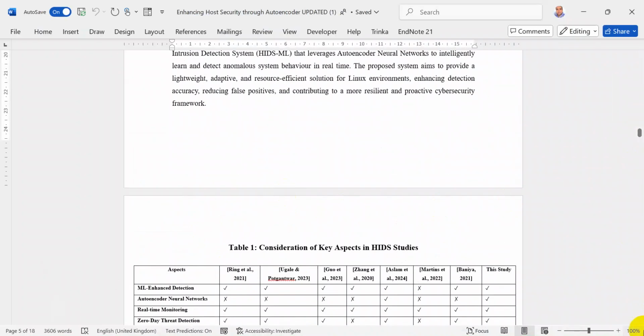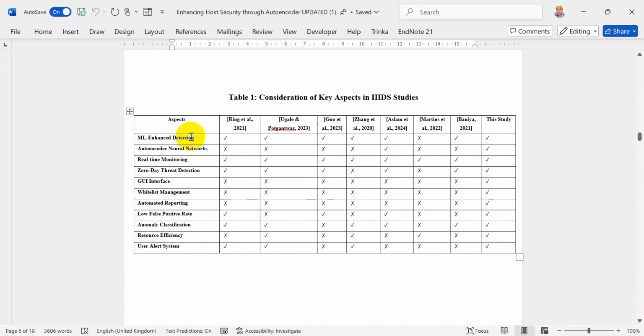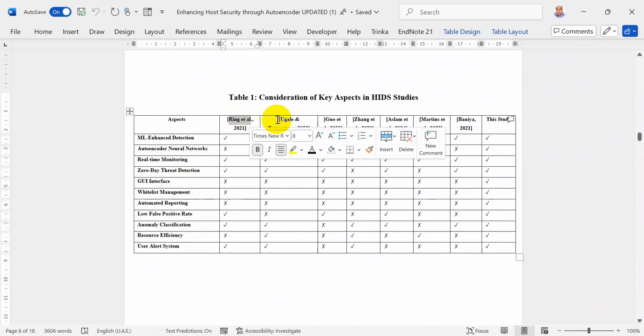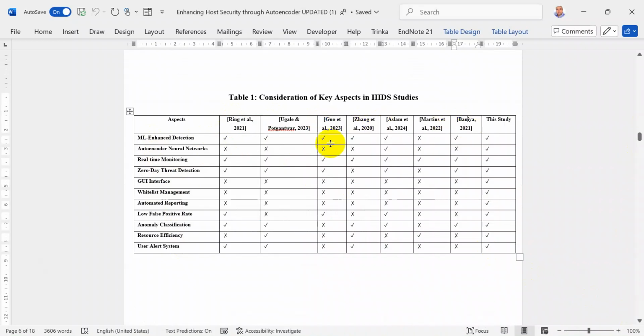For example, this is another table someone created, and for example, they put the feature and the objective or something like that. They put it here, and then this is the reference. They compare with 6, 7 papers, and they say, for example, this paper considered this feature, this feature, this feature, but they didn't consider this feature.